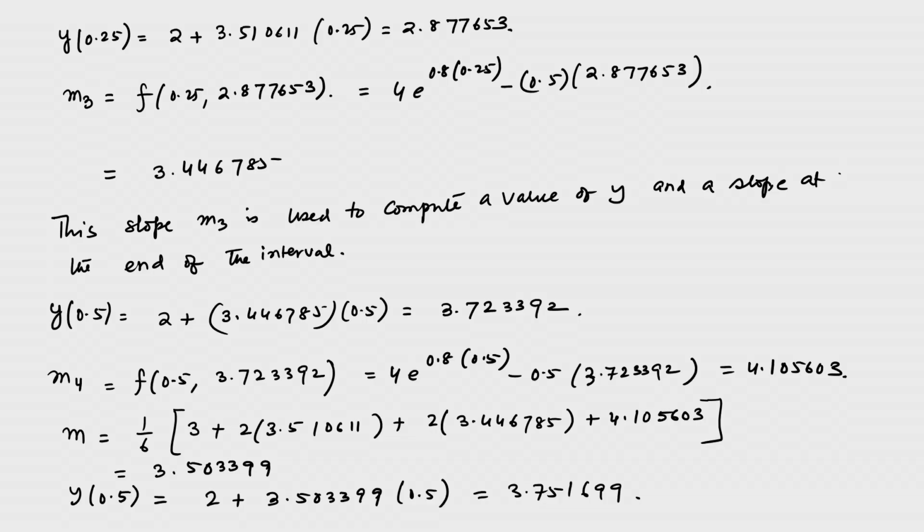And then you have to take all these as input for the next interval and then again update the solution, in the sense that this value of y at 0.5 will be taken if you have the range to be say from x equal to 0 to 2, not 0.5 as we have said here. If you have that range, then you can update the solution, taking this as the initial solution and then calculating again M1, M2, M3, M4, and then put these weights as shown here, and then update the solution to get a y at 1 and so on.